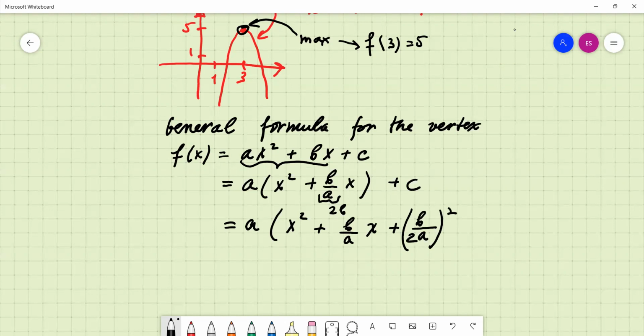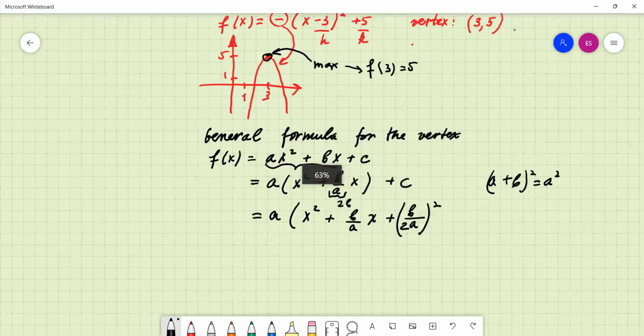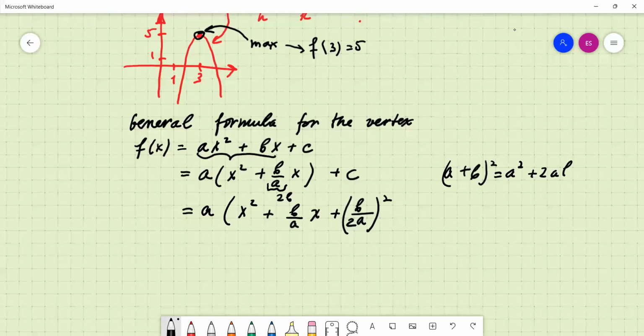Remember, unfortunately I have the same letters over here, a, b, and c, but you have (a plus b) squared equals a squared plus 2ab, let me write it like 2ba, plus b squared.